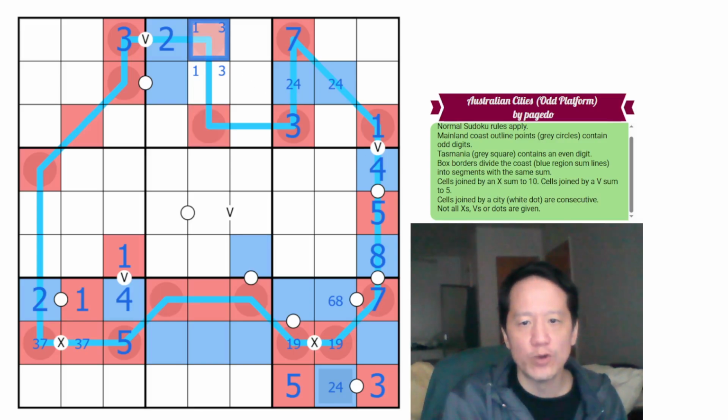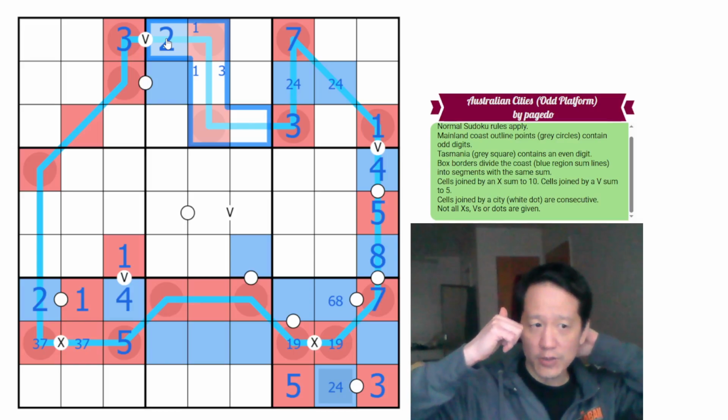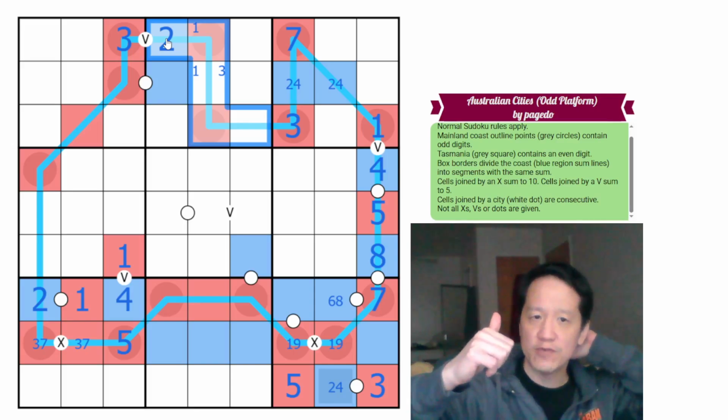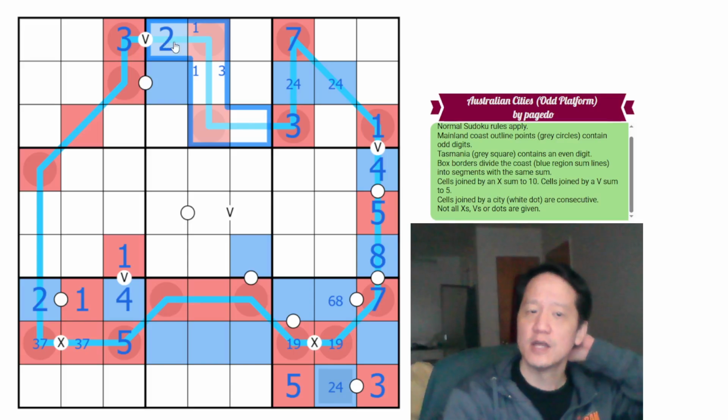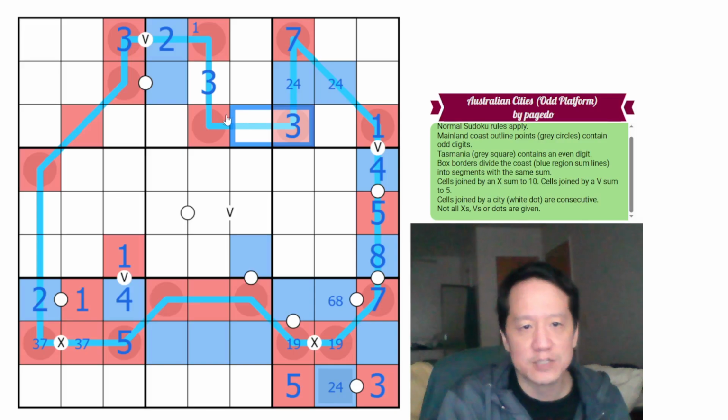So this can't be 3. Well, where is the 3? We know the 3 has to be on this region sum line because the only possible values are 1, 2, 3, 4, 7, and 1, 2, 3, 5, 6, and we need a 3 there. So this is a 3 because it's the only place possible for it, and this must be a 1.